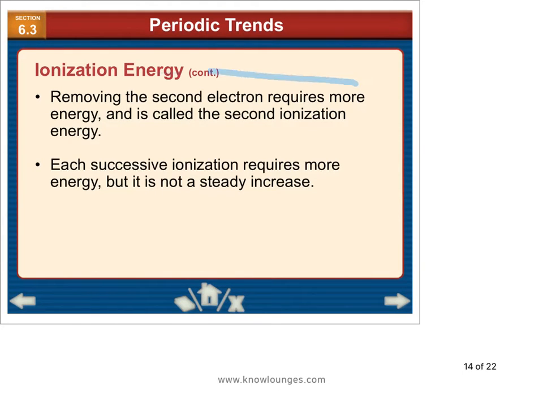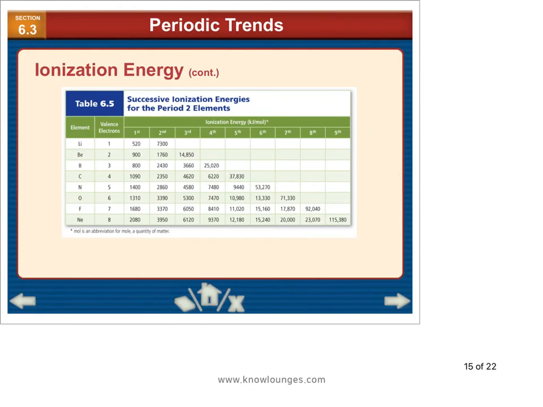And we get the definition for that second ionization energy I mentioned earlier. Each successive ionization requires more energy, but not a steady increase. So here's a chart showing ionization energies for the period 2 elements.